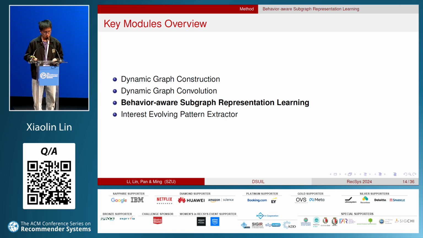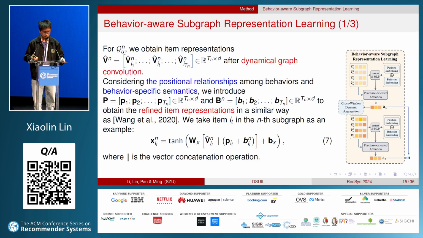The third module, behavior-aware subgraph representation learning. After the dynamic convolution, we can obtain the item representation in each subgraph. Then we introduce a position and behavior embedding matrix to consider positional relationship and behavior information to obtain the refined item representation.